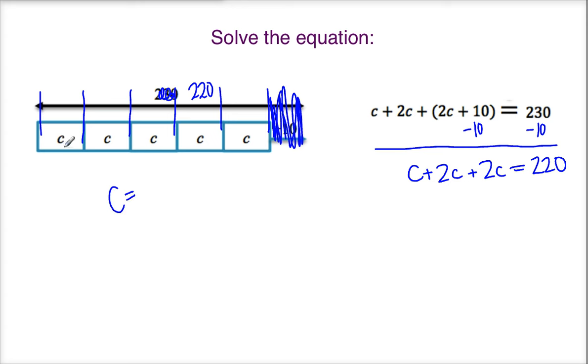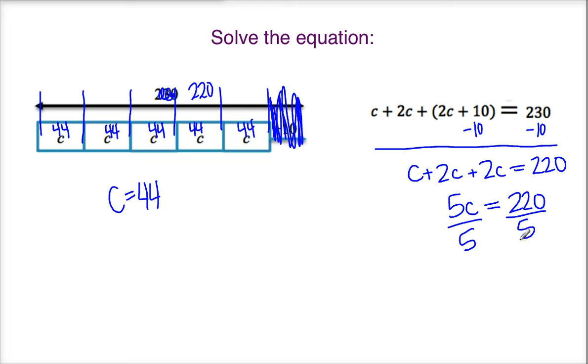So that means each one of these C's has 44 pieces of candy in it. So I've solved it, and the solution is C equals 44. So over here, notice there's 5 C's. C plus 2C plus 2C was 5C, and then I divided by 5. And when I divide by 5, I get C equals 44. Okay, so this is what it looks like with the picture. This is what it looks like with the equation.